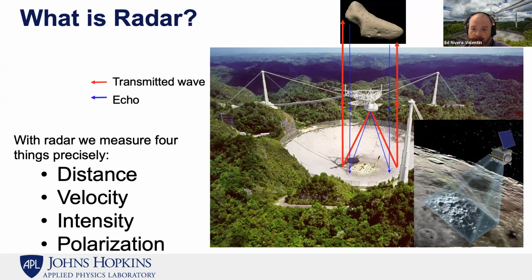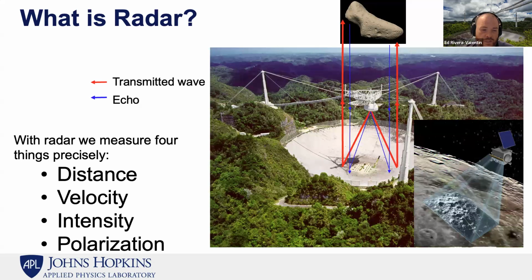And in radar, we're impatient. So instead of waiting for the universe to send us the light, we are the light. And that gives us a lot of abilities because we can modulate it or just send out a continuous tone.